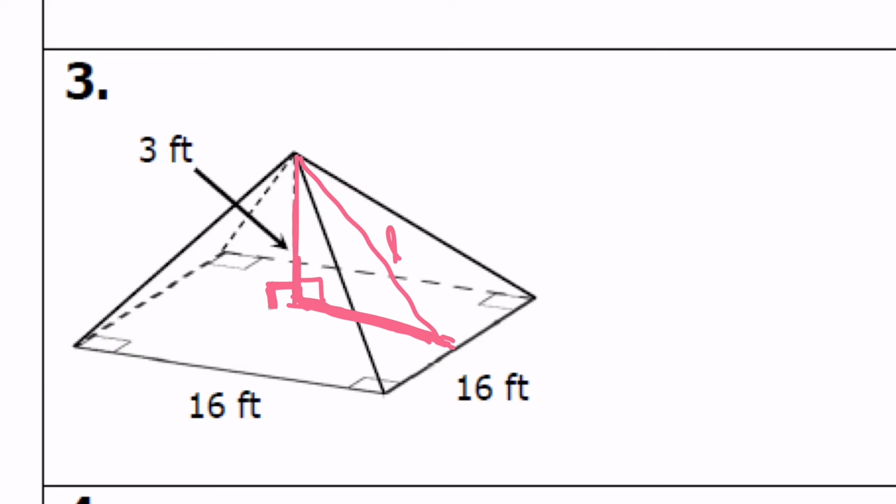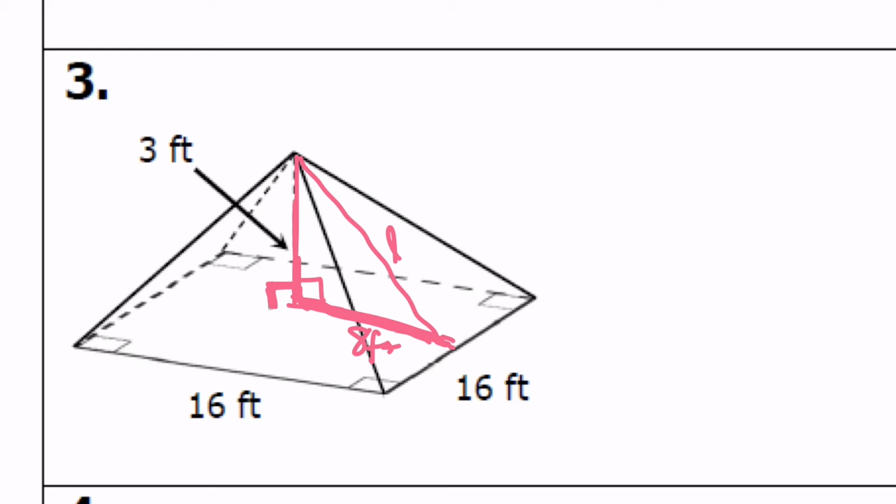So when I connect that height to one of the edges, that is half of whatever the side length is. Think of it as if I was looking down at it, the middle of my pyramid would come down right here on my square. If I connected that to one of the sides, that would be half of whatever that side length is. Even though it doesn't look like it, that is what it is. So that would make this little piece 8 feet.